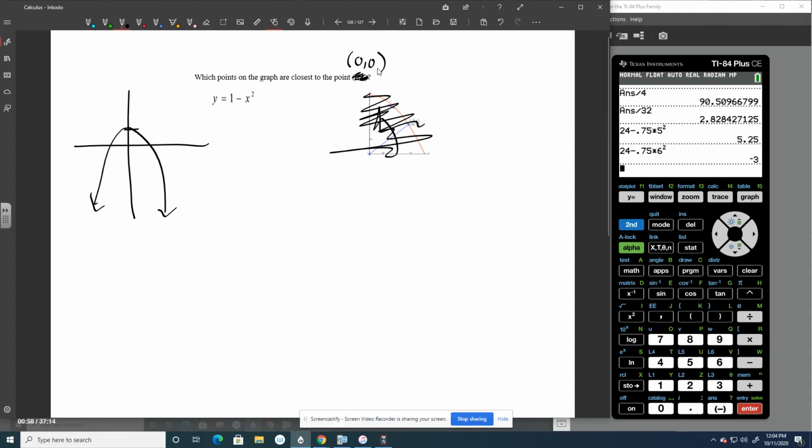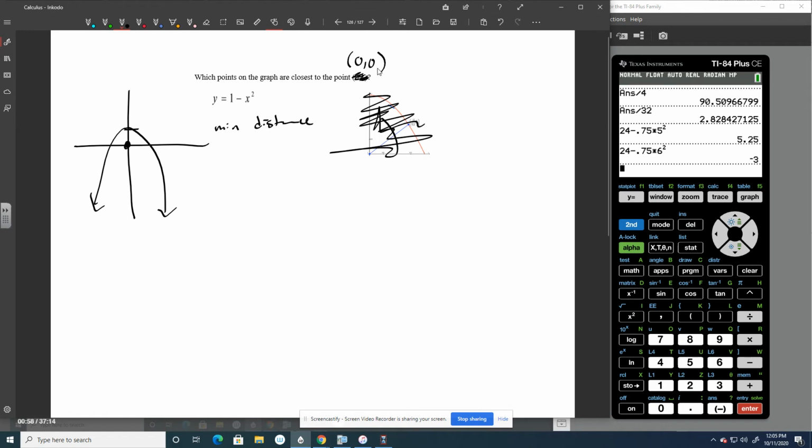So I have this parabola and I want to know which point on the parabola is the closest to 0, 0. Which one is closest to the origin? And it may not be what you think it is. This is a good question for that because the assumption may not actually be true. Which point is closest? Which means I'm trying to minimize distance.